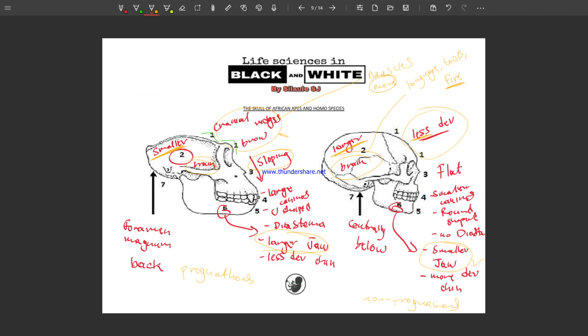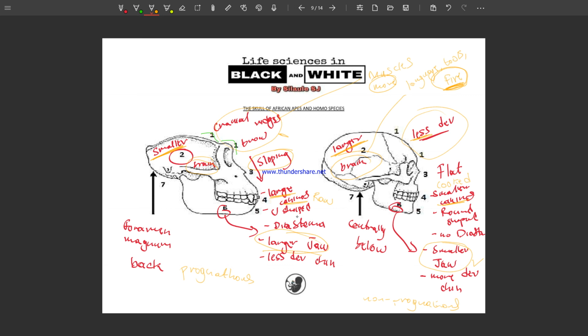Then, when we look at other features, we can look at the teeth. The reason why they have large canines is because they consume raw food. And because we have smaller canines, it's because we consume cooked food, which is brought upon by our use of fire. And then we talked about the palate in the last video.